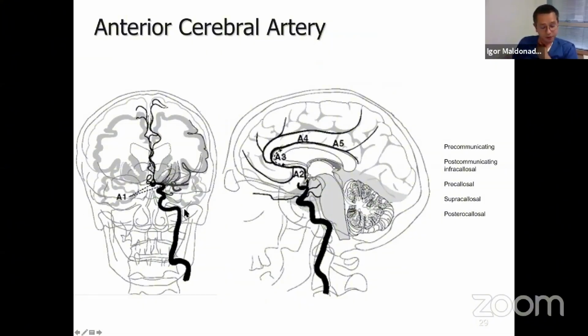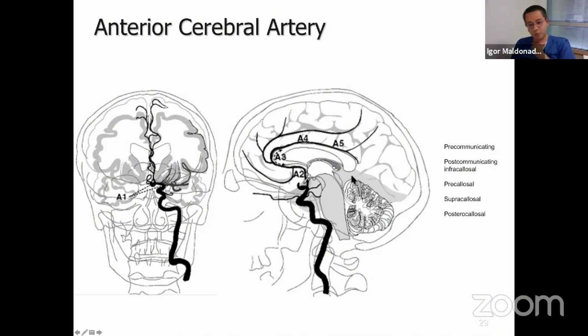So if we take a look at the distal branches, for matter of time, I will mostly focus on the anterior circulation. You have, which is a continuity of the Fisher classification. So for the anterior cerebral artery, we can also identify segments. We see A1 pre-communicating, A2 post-communicating, which is also infracallosal, A3 precallosal, which surrounds the genu of the corpus callosum, A4 supracallosal, and A5 posterior callosal, which many times anastomoses with the posterior callosal artery.